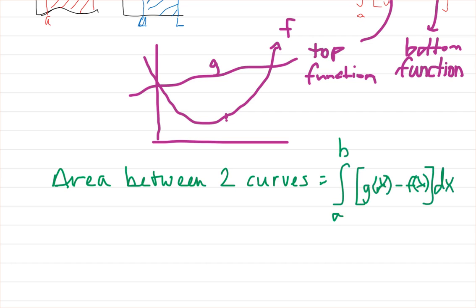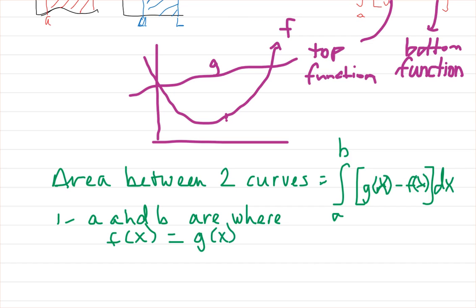And that sounds really simple, but you've got a whole bunch of caveats. One, A and B are where f of x equals g of x.